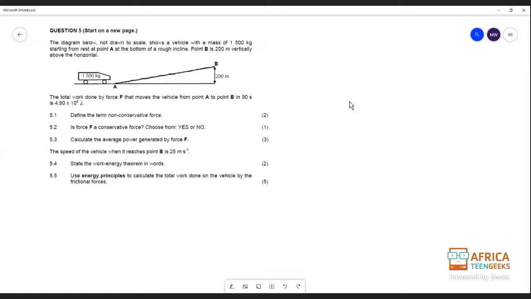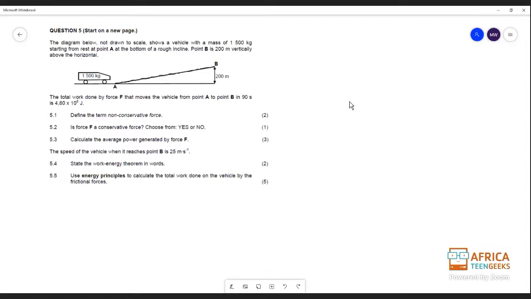Point B is 200 meters vertically above the horizontal. Then they tell you the total work done by force F that moves the vehicle from point A to point B in 90 seconds is 4,8 times 10 to the 6 joules.